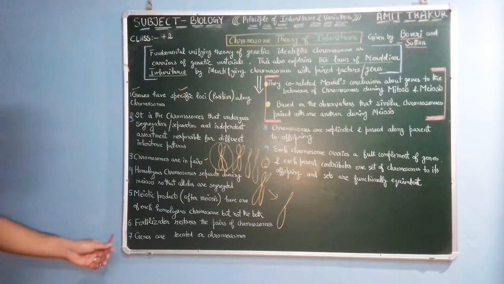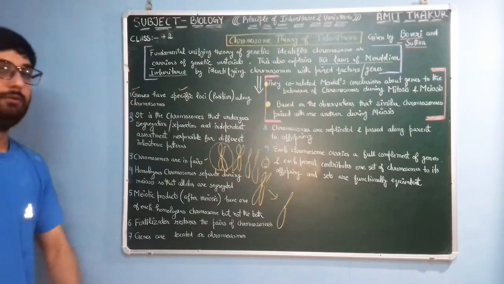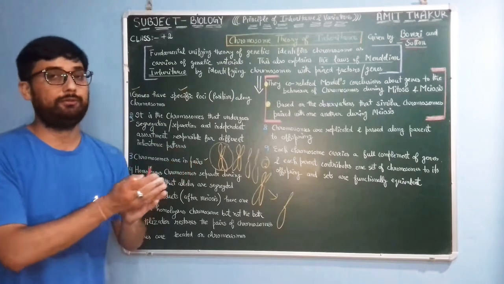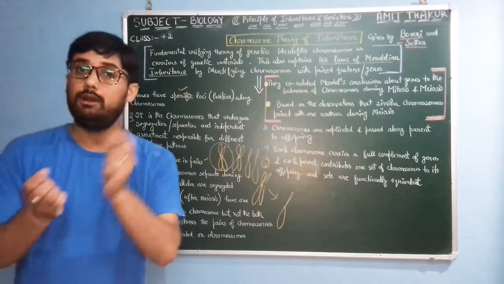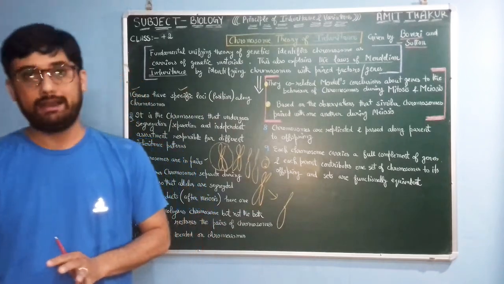Then fertilization restores the pairs of chromosomes. During gamete formation, 46 chromosomes become half, so only 23 chromosomes are in a sperm cell and in an egg cell.